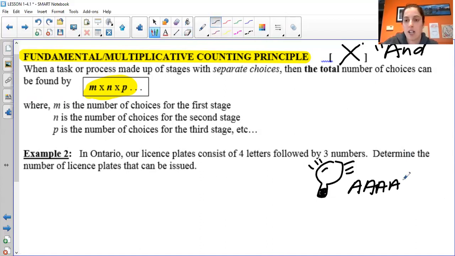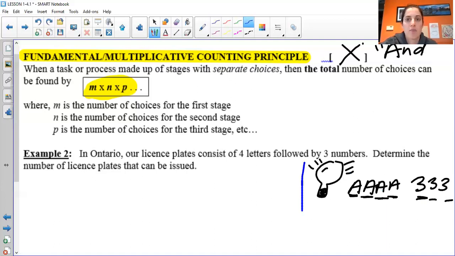I could do any number of ways. So let's go back to 3. The idea is each one of these digits or letters is a stage. That's just me kind of thinking off to the side.